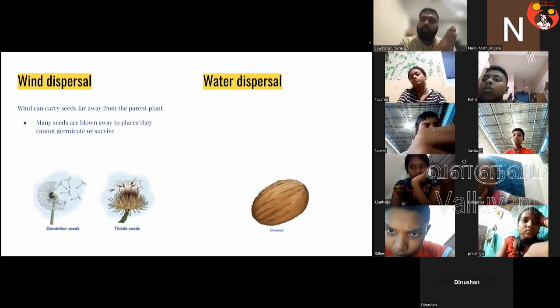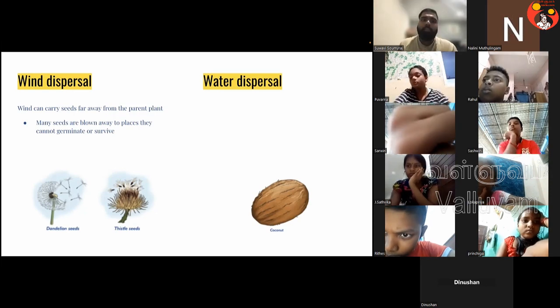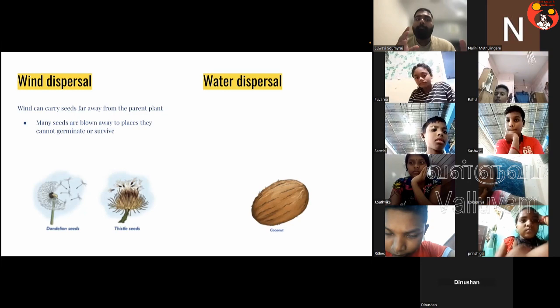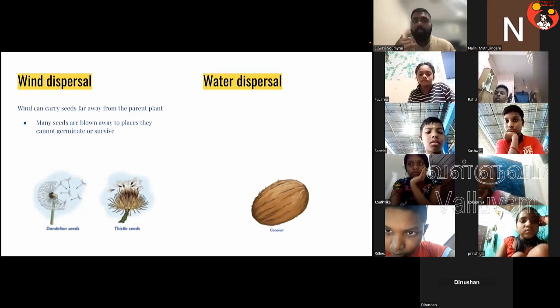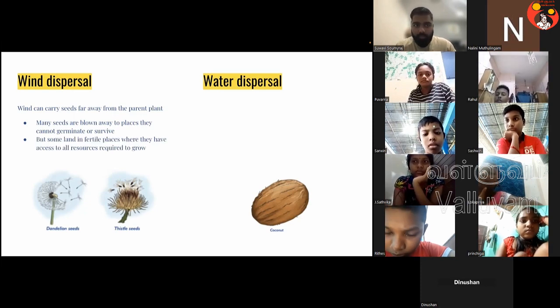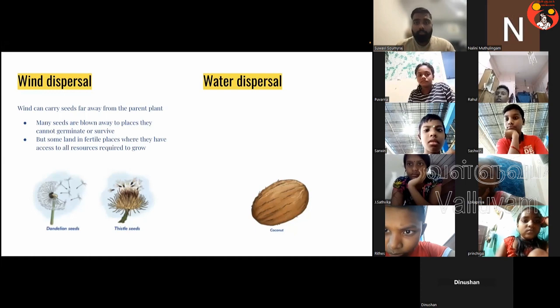But because the wind creates such a randomized push, in many circumstances the seeds move to areas where they can't survive. But for those that do land in fertile locations, they end up thriving and growing into new plants.